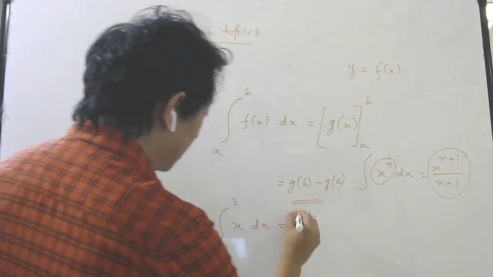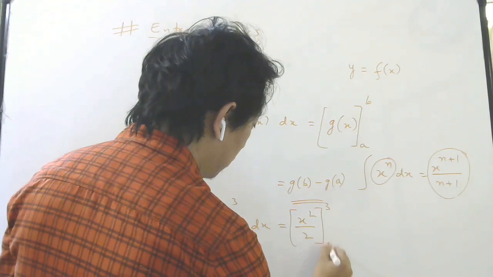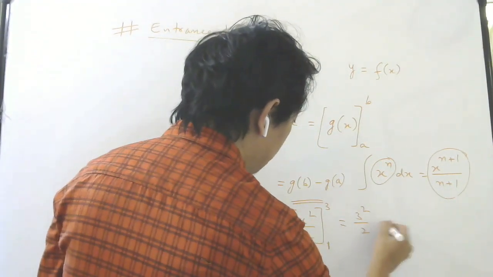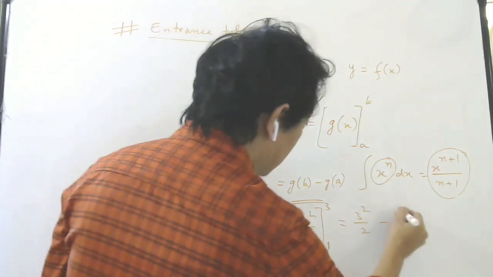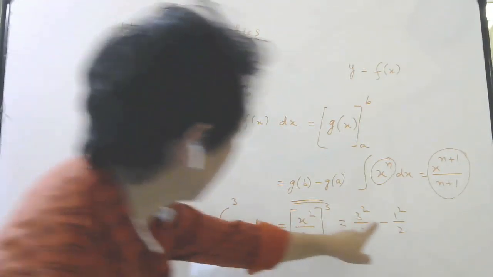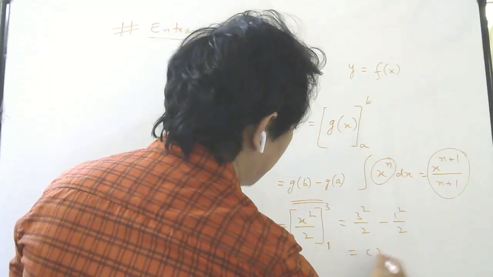Then since limits are there, you show one square brackets. Here you write upper limit, here you write lower limit. Then you put upper limit 3 squared by 2 minus put lower limit 1 squared by 2 in place of the variable. Then you can simplify, right? So that will be the answer for this question.